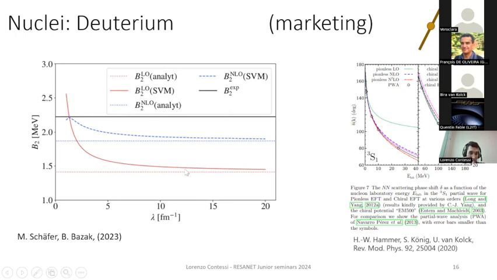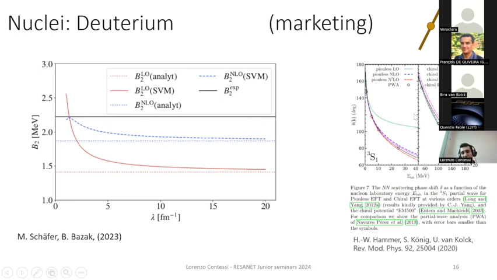When you go to the next leading order, in this case, you treat the next leading order as a small perturbation. So you can use perturbation theory. And if you do that, which is relatively simple for a bound state, again, you have some improvement. It's not going to the physical value, which is the black line, but you get a good improvement, and then you expect that N2LO gets better and better.